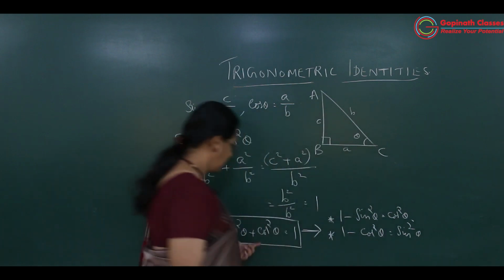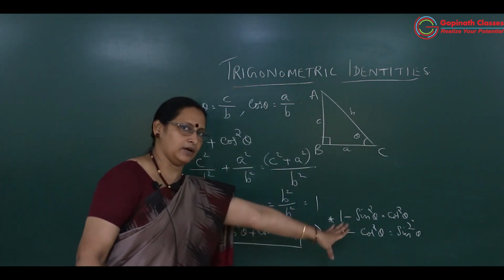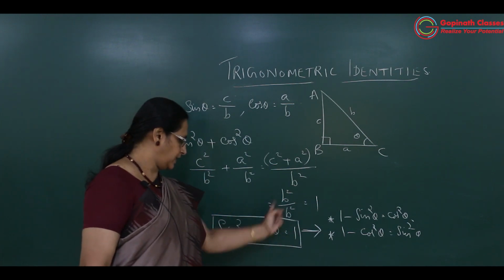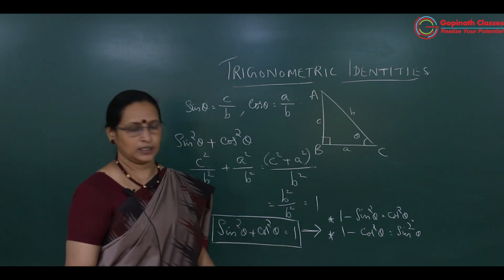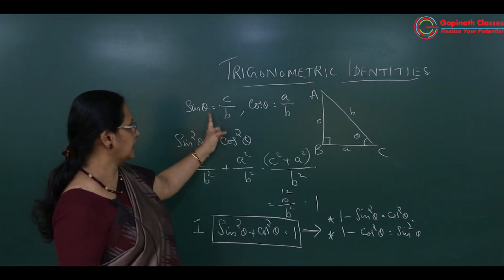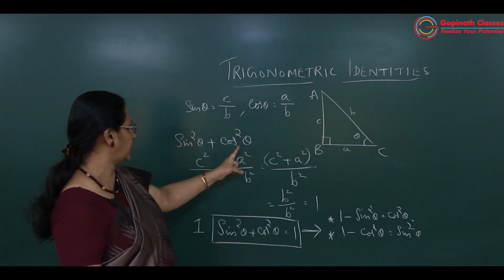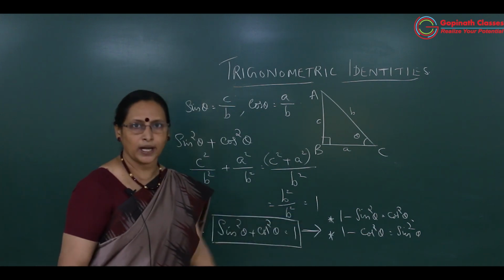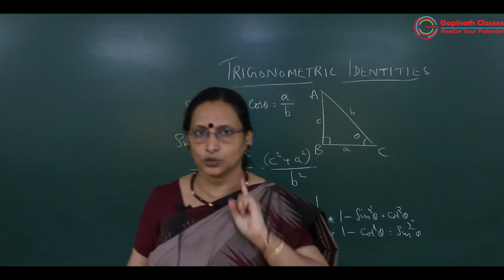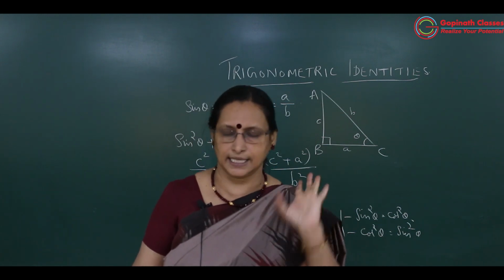It's nothing new. From this, I am taking one term to that side. I'll get 1 minus sine square theta is cos square theta, 1 minus cos square theta is sine square theta. So this is the first identity. Hope you are clear about it. Write sin theta, write cos theta, square and add, I am getting 1. Thus, sin square theta plus cos square theta is equal to 1. This is the first identity.